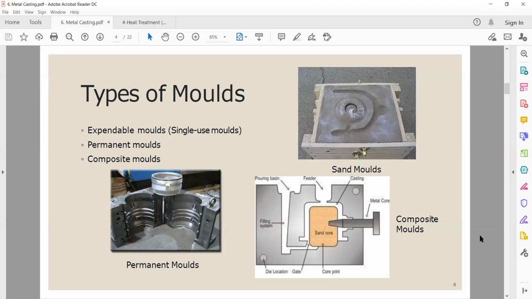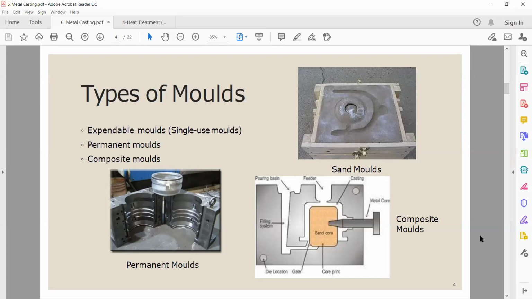Second type of mold is permanent mold. Permanent mold means it has some joints or screws or locks. So when you need to remove the casted component, you can easily eject it from the mold, and then again the same mold you can use for a different purpose.